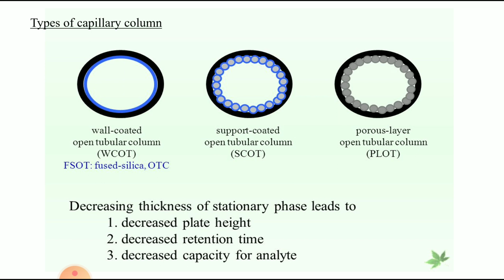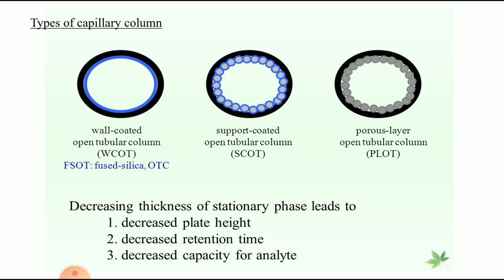phase. In SCOT columns, a supporting solid material like fused silica is first taken, and around the supporting solid material we coat our liquid stationary phase. These solid support liquid stationary phases are then coated on the inner surface of the column.